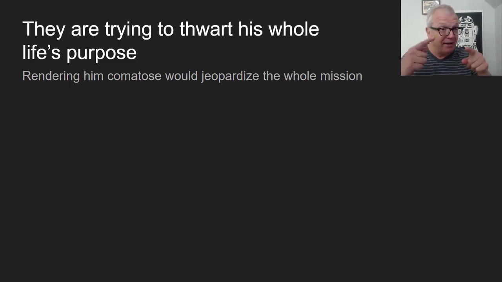So HAL ends up having these two conflicting purposes. Or it may be, I'll have to look at the movie again, that Bowman and Poole are intent on investigating the monolith, but HAL is intent on doing the Jupiter investigation mission. So there's this conflict of purposes here.